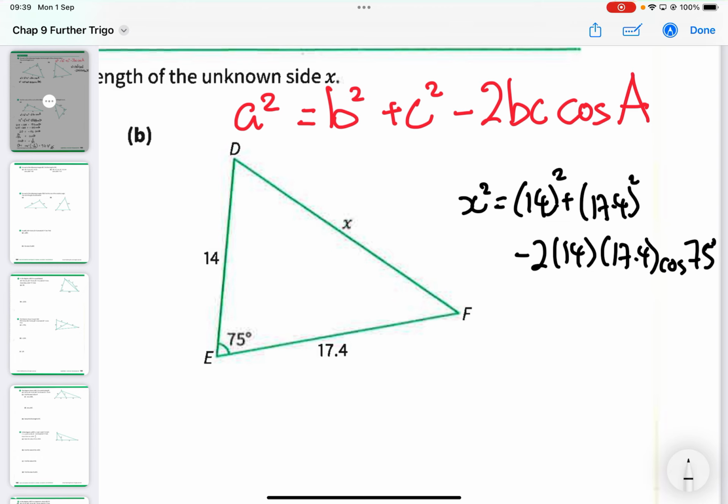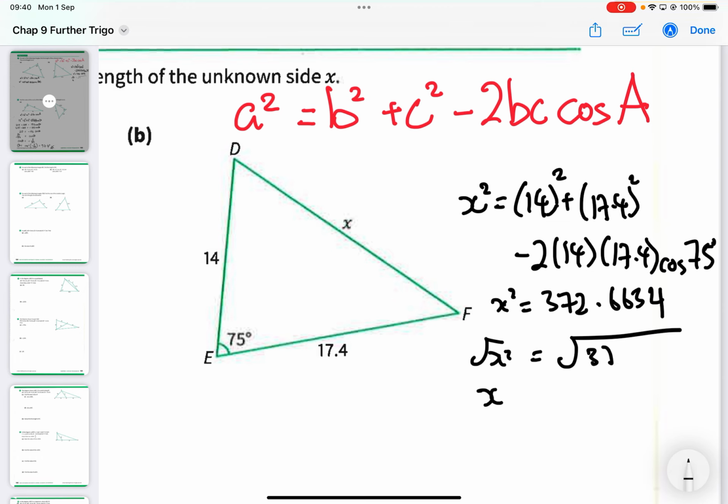So x squared is equal to 372.6634. In between, when you are going through your working, you can leave a bit more decimal places, a bit more significant figures. Then your answer will be more accurate. X squared is like that. If I want x, I have to square root both sides, so that my square root and my square cancel each other.